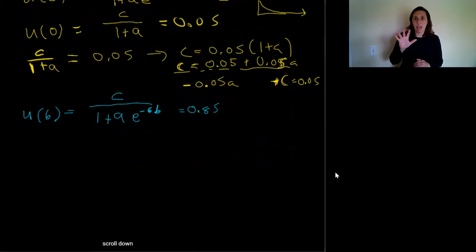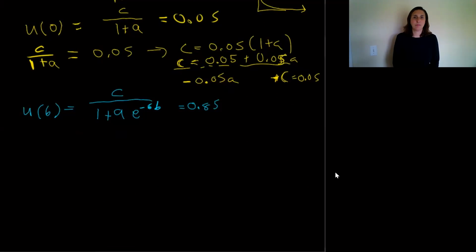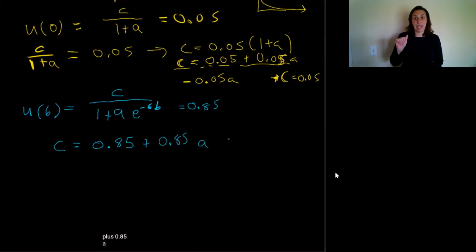Let's go down. So again, I'm going to cross multiply. I'm going to get c is equal to, I'm going to multiply this through as I go, 0.85 plus 0.85a times e to the negative 6b.